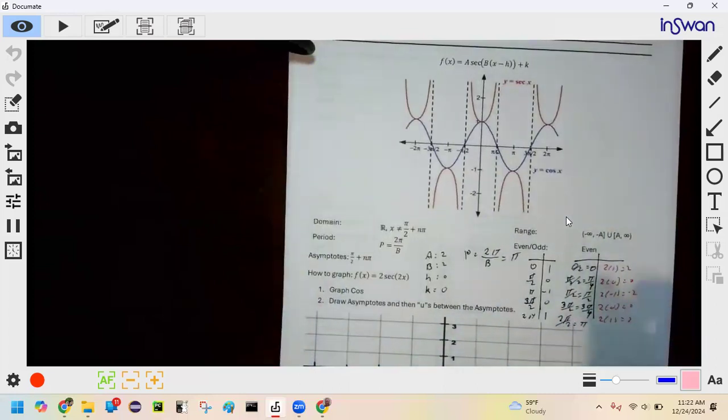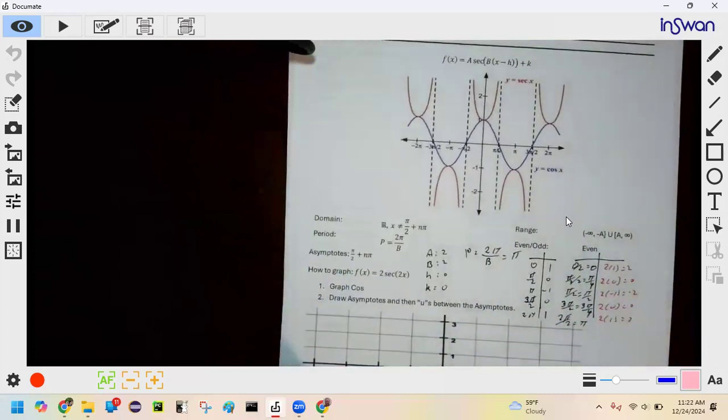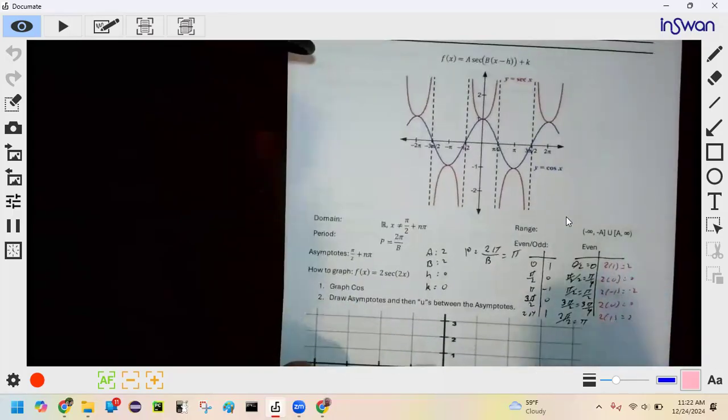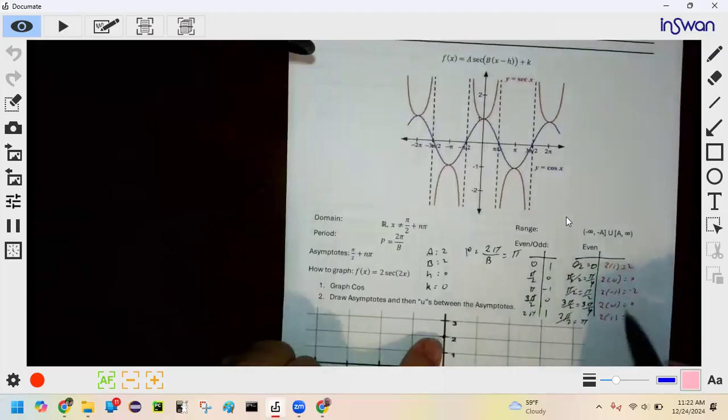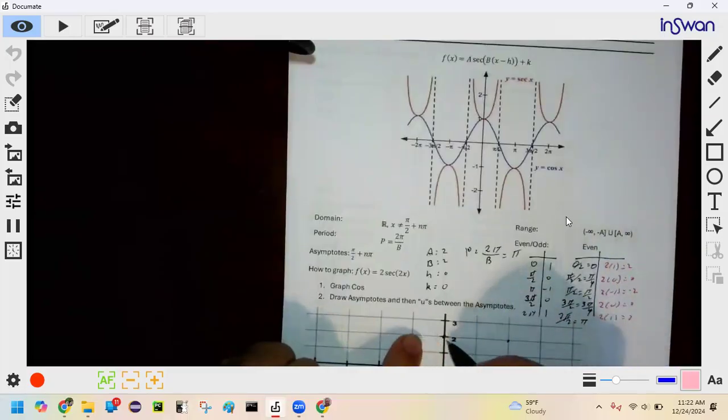Okay, so I'm going to draw the cosine graph. So 0, 2, pi over 4, 0, pi over 2, negative 2, 3 pi over 4, 0, and pi, 2. So there is my cosine graph.